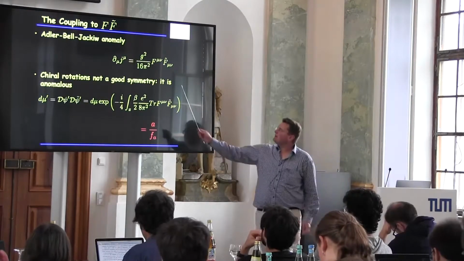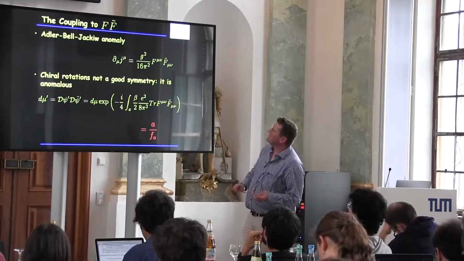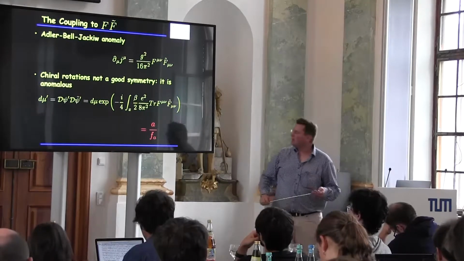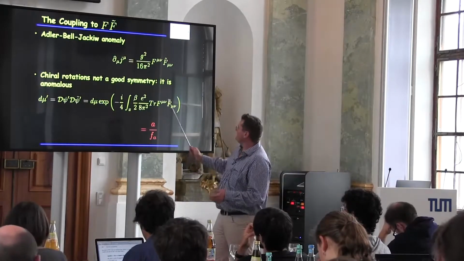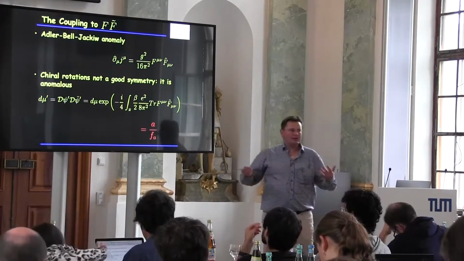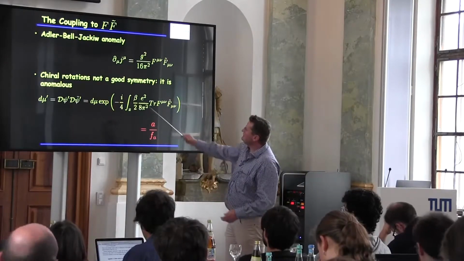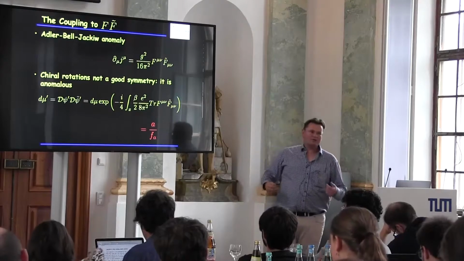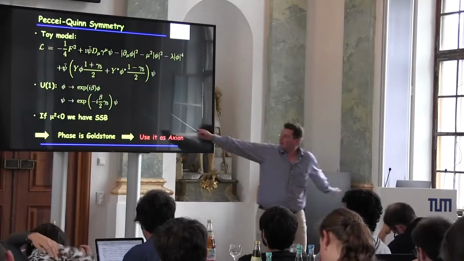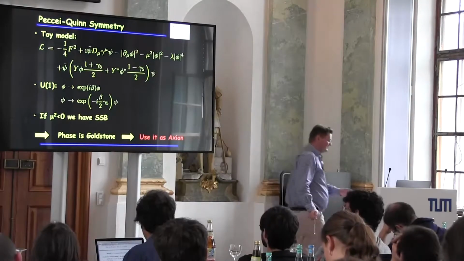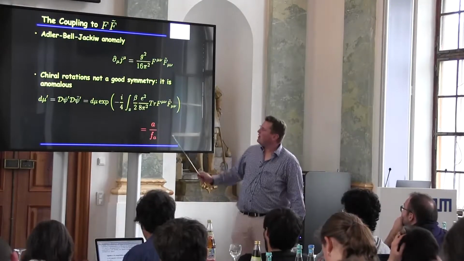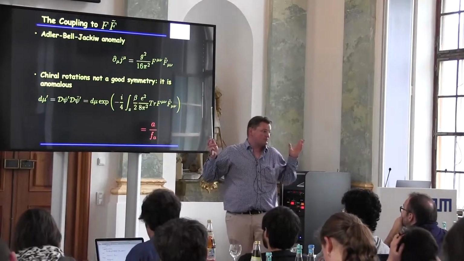Indeed, you can think about this coupling in terms of anomalies, in terms of the Adler-Bell-Jackiw anomaly, or, and that is perhaps even nicer, you can think of it in terms of chiral rotations, so chiral or axial rotations, and you can study the effect of such a rotation, which is supposed to be a symmetry after all.